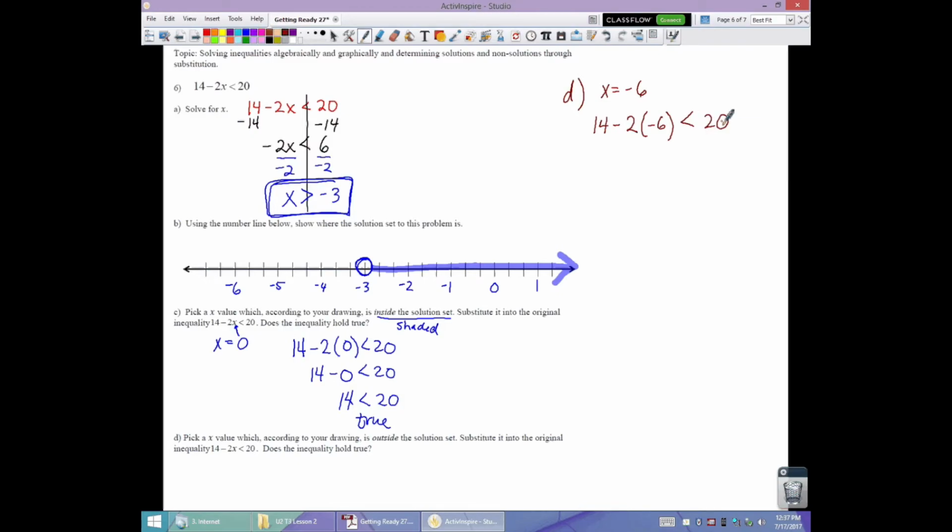What I'm intending to show here is that I get a false inequality, that the left side does not end up less than 20. Well, -2 times -6 is 12, so positive 12. 14 plus 12 is 26, less than 20. Well, no, that's false. That is not true. 26 is not less than 20. So, no, it did not hold true.